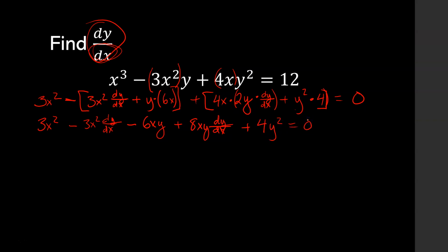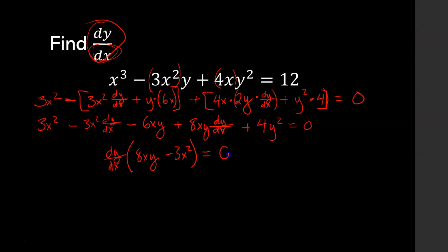We're almost there. We're going to do two things on the next line. We're going to group together the terms including a dy dx, and we're going to move everything else to the opposite side of the equal sign. So dy dx is equal to, I'm going to use the positive one first, that's just prettier, 8xy minus 3x squared, only terms with dy dx.